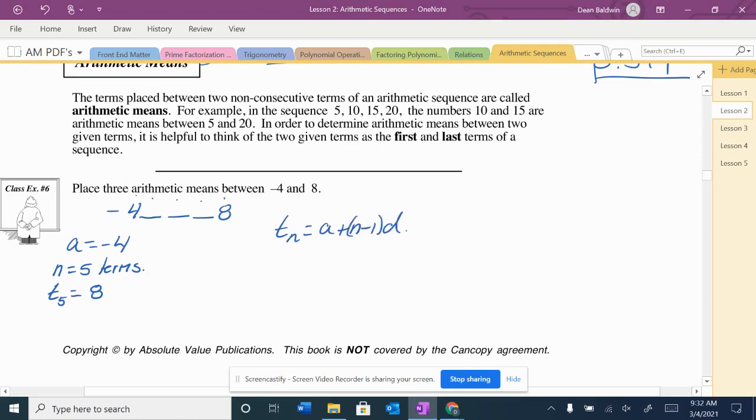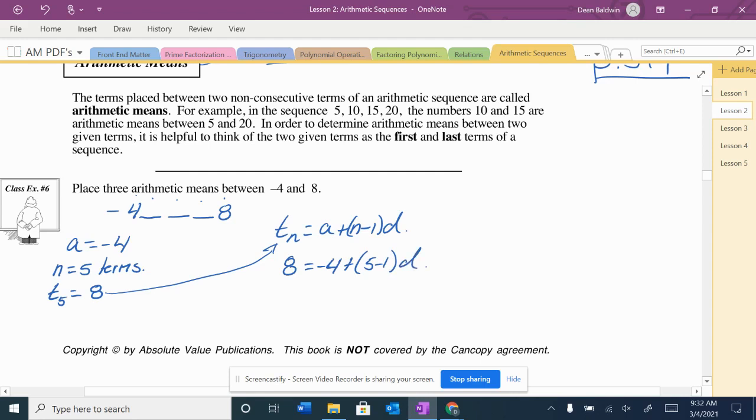Okay. Our 5th term is 8, so we can put that right there. So we get 8 is equal to a, which is -4, plus n, which is 5, minus 1 times d.